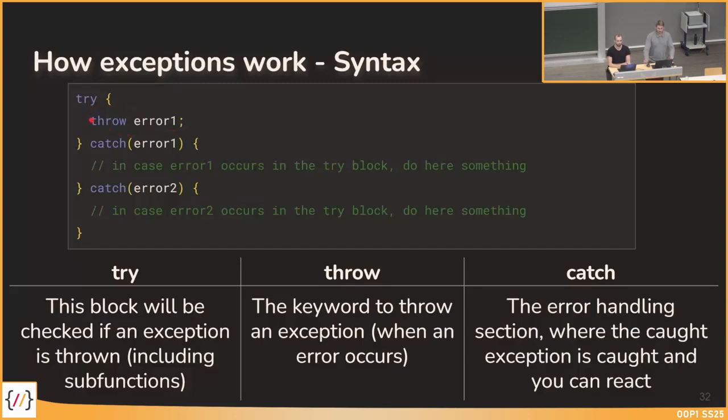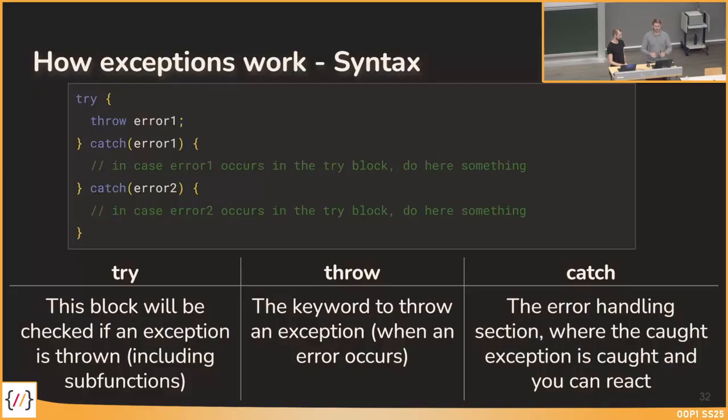We can then somewhere throw an error, or someone else throws an error, and this means that an exception occurred. The throw keyword means whenever throw and something else, in this case error 1, or as we saw before, the null pointer is thrown. This means an exception occurred, and we should somewhere catch it, else the program ends. But we'll see that soon.